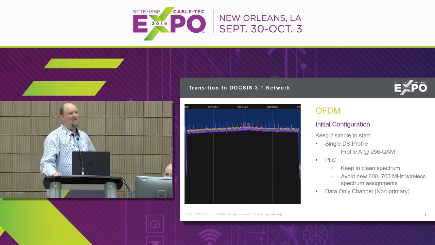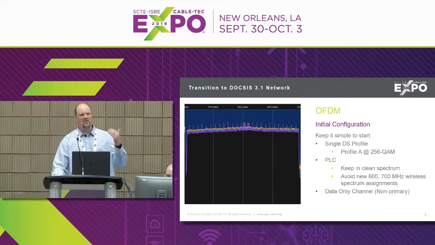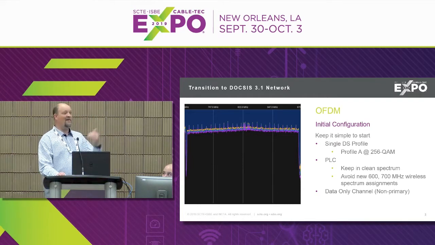And then we also had some problems where a customer would swap their 3.1 modem from a 3.0 modem and their service would be crappy because the OFDM channel wasn't working. And they would happen to use that 3.1 channel to register. So what we experienced with that was if we just made a non-primary channel, that modem would shed that OFDM channel at will without impacting their service.